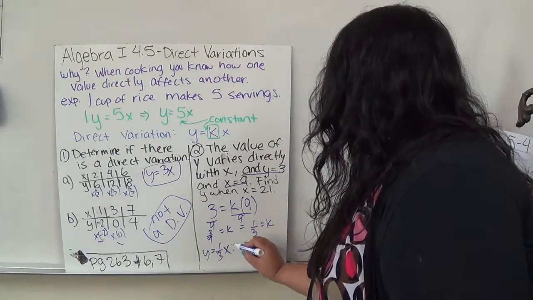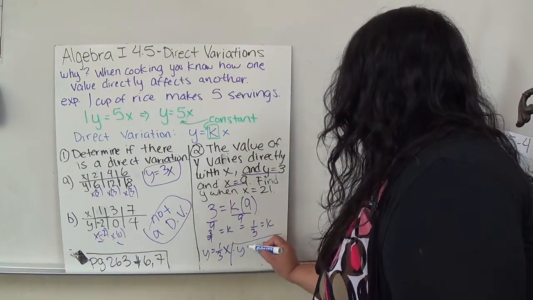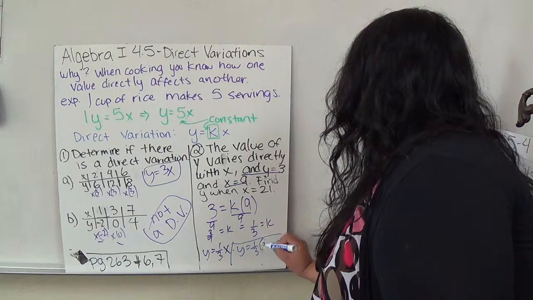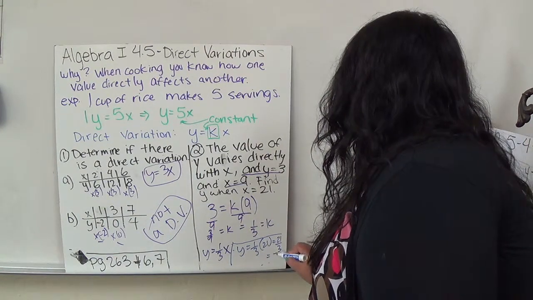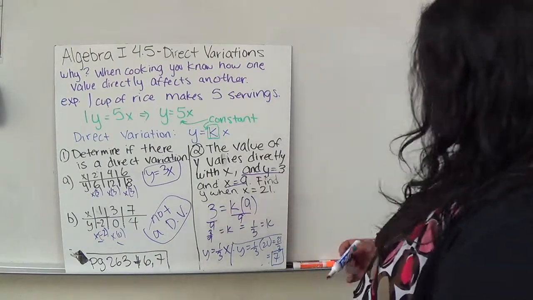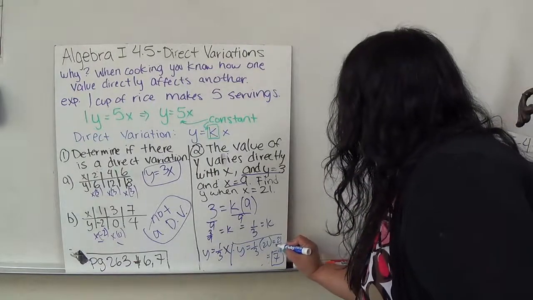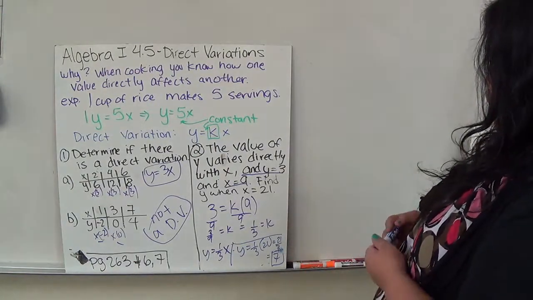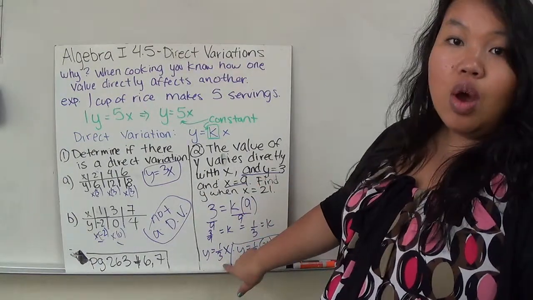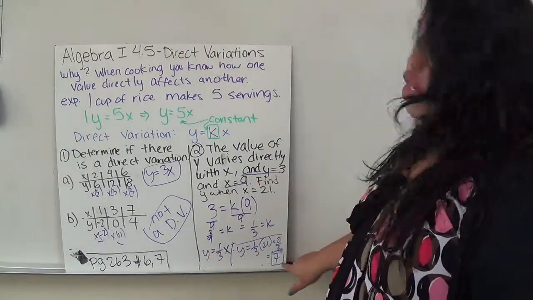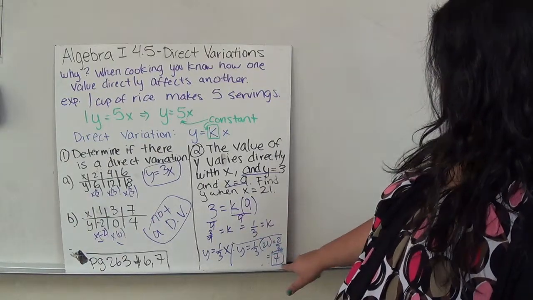So now I'm going to use this equation and plug in 21 for x. 1/3 times 21 gives me 21 over 3, which is 7. Okay? So in this one, again, I used the first part to find my equation. Once I found that constant, then I can plug in 21 to find my y, which is 7.